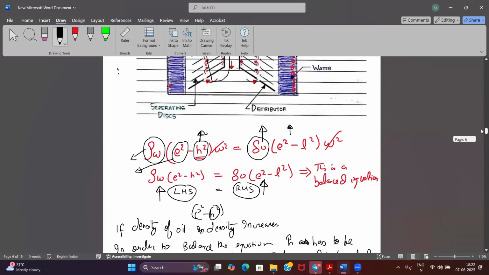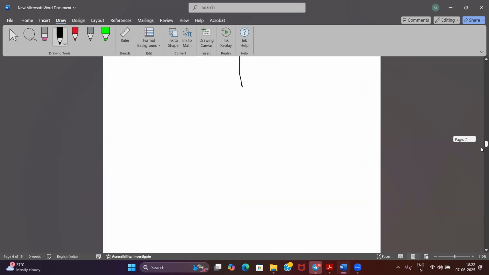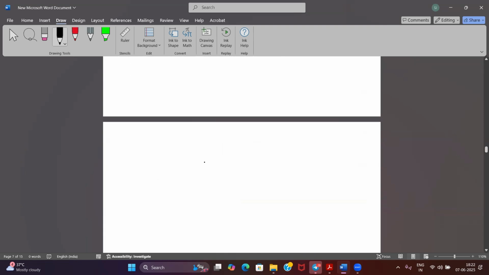Okay. Hold on. Suppose this is my gravity disk, and this is the top disk, and suppose this is the pipe and all these things.